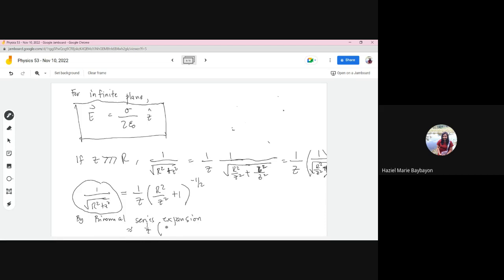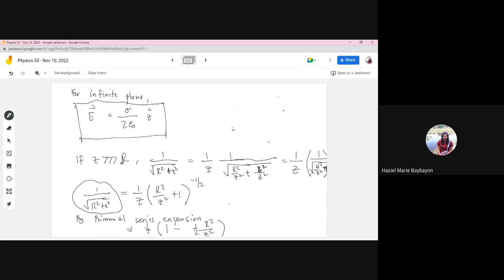So you have 1 over z multiplied by 1 minus 1 half multiplied by r squared over z squared. Okay. So muna siya ang equivalent ani nga factor. Okay, so you can review Taylor series or binomial series expansion. Okay?